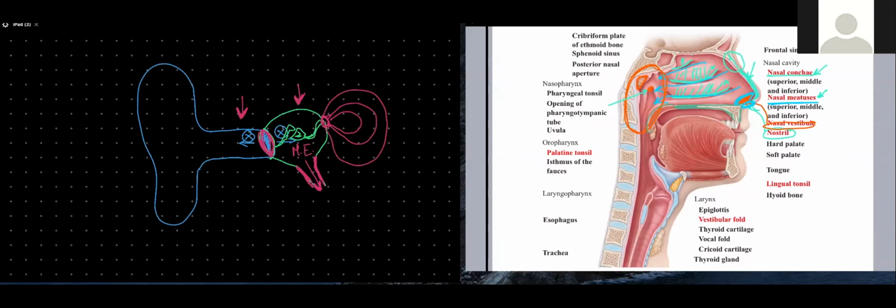Posterior to the bony part of the palate, the hard palate, we've got the soft palate, which is mainly formed of muscles. So here, this is going to be my soft palate. If you can see on here, this is my hard palate, and this is going to be my soft palate.